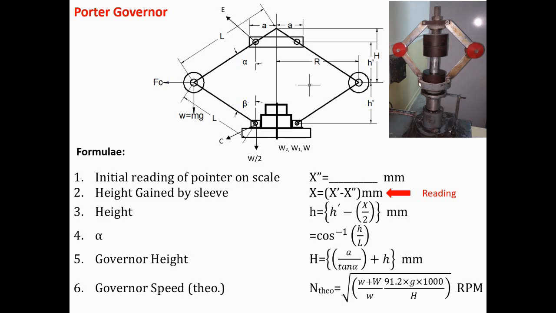Governor height capital H is also calculated from this formula. Governor speed finally can be calculated using this formula, where the height gained by the sleeve is available from the setup, which you can read during experimentation, as well as RPM, rotational speed, which you can read from the Variac machine.